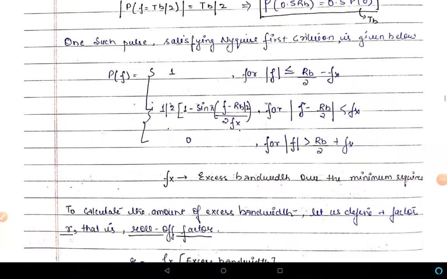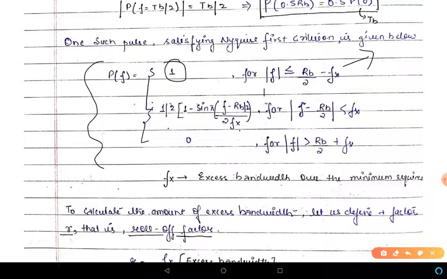This is one of such pulses which satisfies the Nyquist criterion for 0 ISI in the frequency domain, that is P(f) is equal to 1 for mod of f less than or equal to Rb/2 minus fx. fx is your excess bandwidth, and it is for this condition, and 0 for this condition.